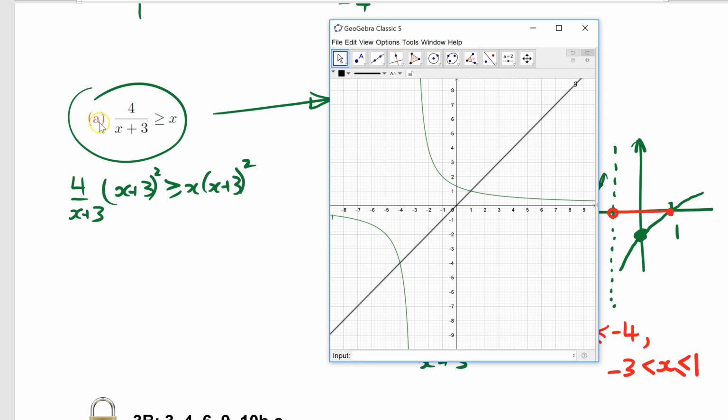So this is saying, where are the y values on the hyperbola greater than or equal to the y values on the line y equals x? And interestingly enough, the hyperbola is higher up than the straight line for this part of the curve, which is x less than or equal to -4, and for this part of the curve, which is for x greater than -3, less than or equal to 1. So just tuck that away in the back of your mind.